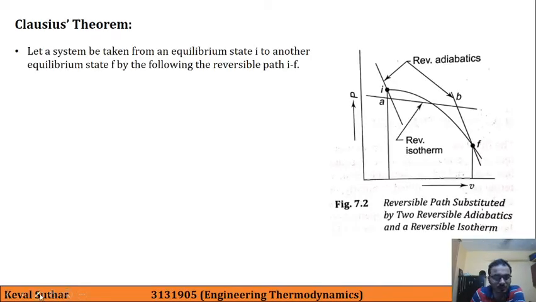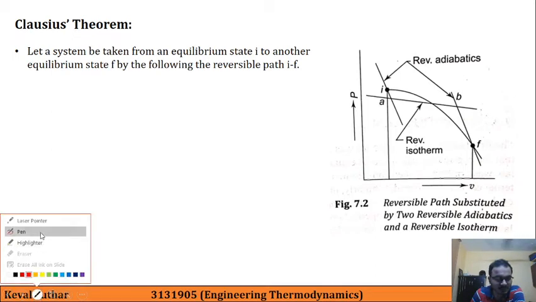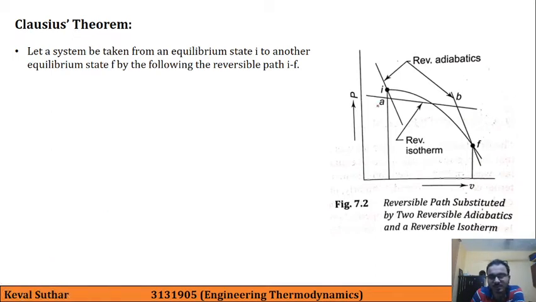So the meaning is that the actual process in this case is from equilibrium state I, beginning from this point, to another equilibrium state F. This is the way the whole process is happening.